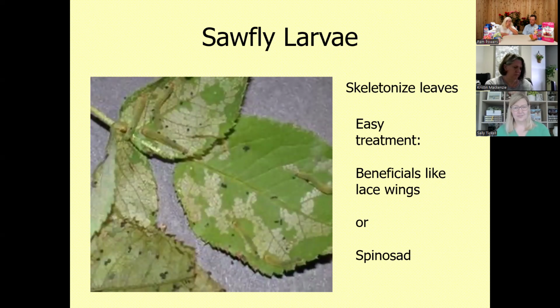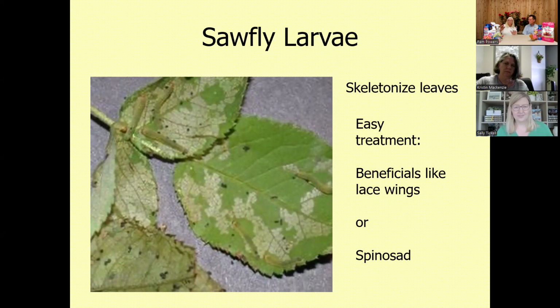These overwinter. So if you do get them, you want to be sure to get ahead of it. When you see this, don't let it go for 2 weeks, because it'll skeletonize all your leaves.